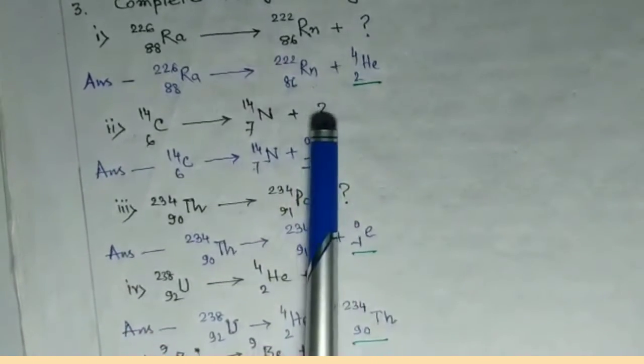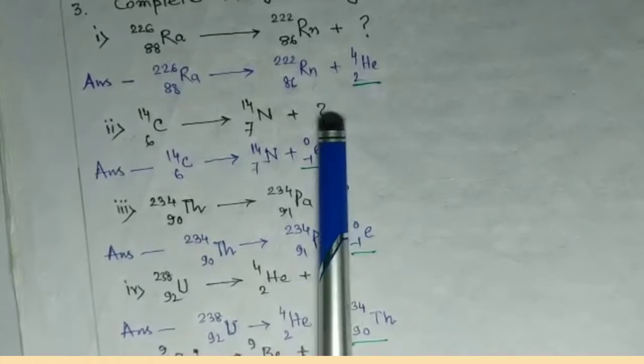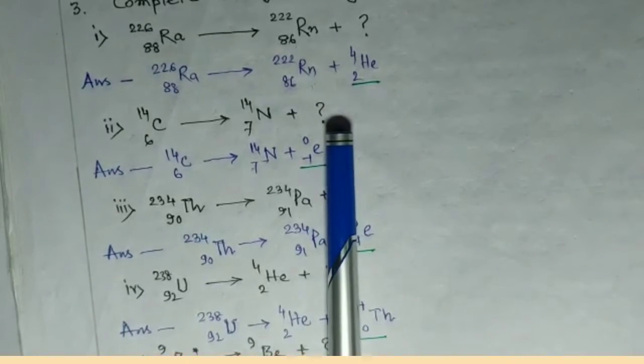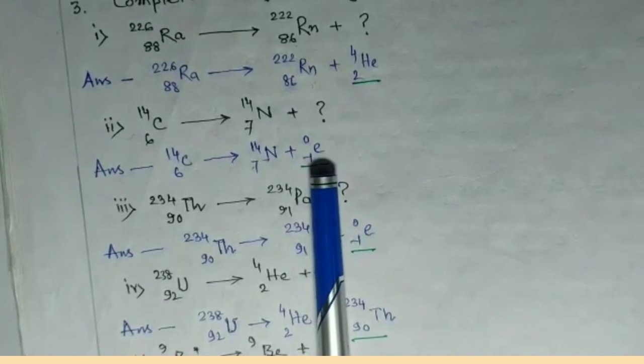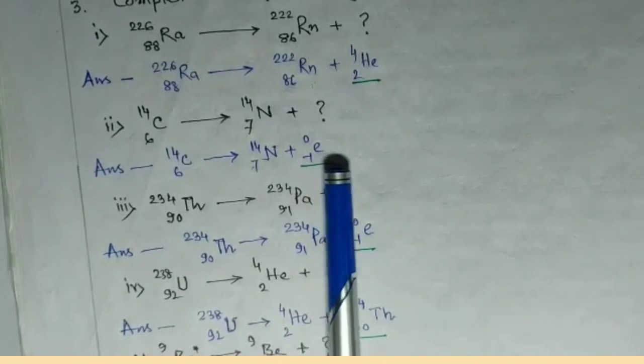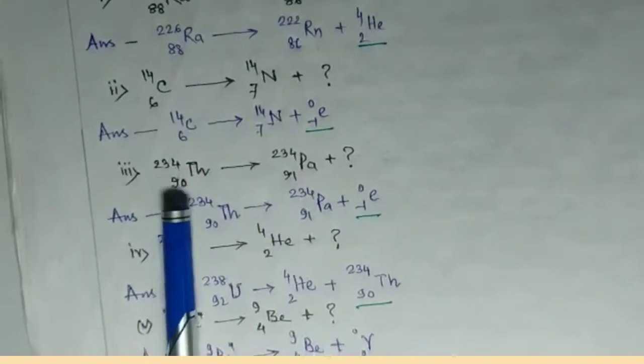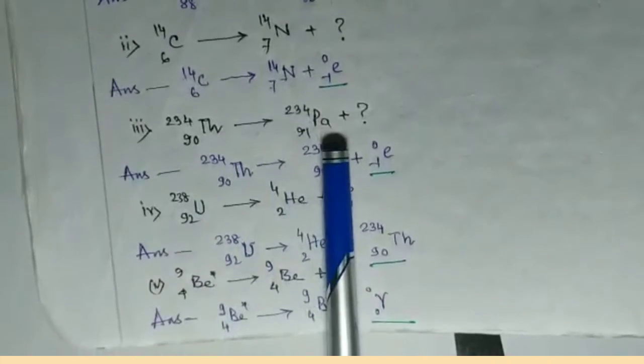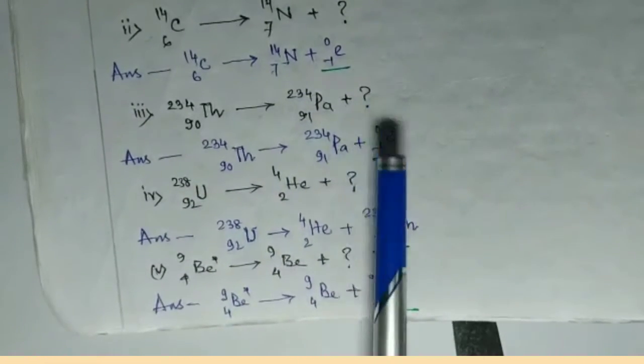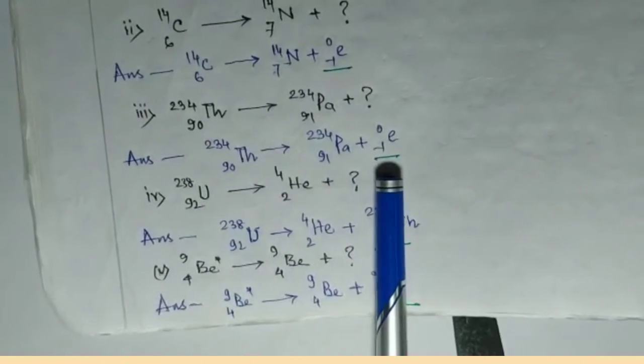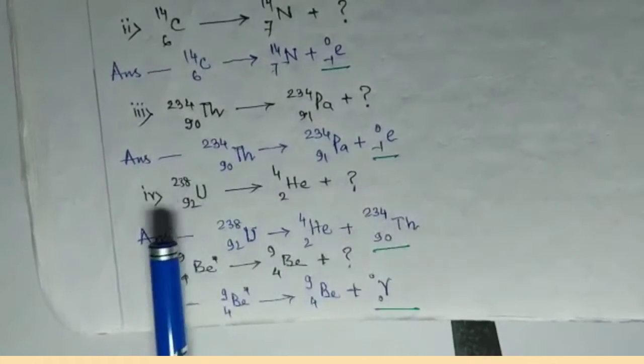What is the product here? Here the missing particle is 1 beta. Here 23490 thorium, it produces palladium, and what? Here again a beta particle is emitted.